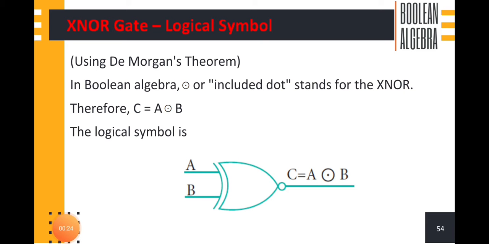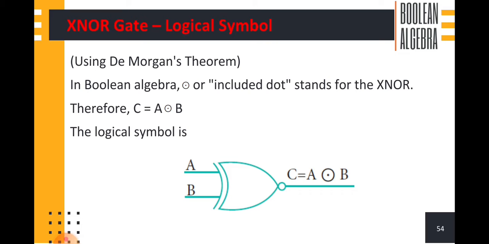Now we see the logic symbol of the XNOR gate. We already discussed the logic circuit of the XNOR gate in the previous section: how we can draw an XOR gate followed by a NOT gate. Now you can see the logic symbol of the XNOR gate using De Morgan's theorem in Boolean algebra, an encircled dot.